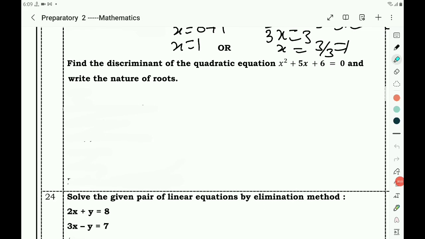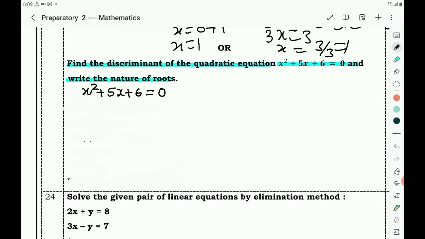Or question of the same question. Find the discriminant of the quadratic equation x square plus 5x plus 6 equals 0 and write the nature of roots. Here the given quadratic equation is x square plus 5x plus 6 equals 0. Here we have to find the discriminant.